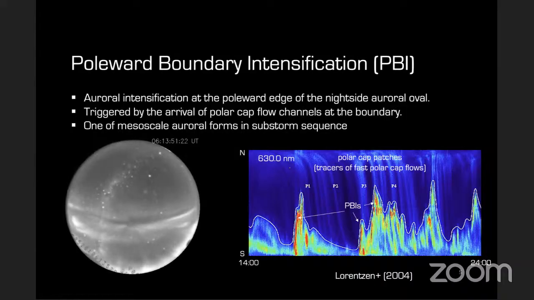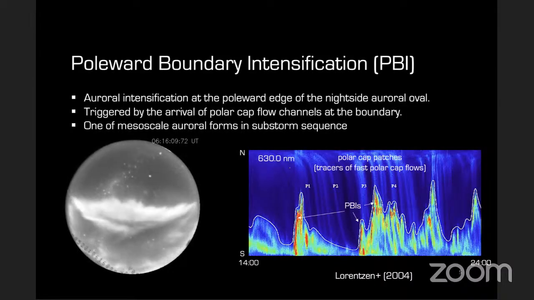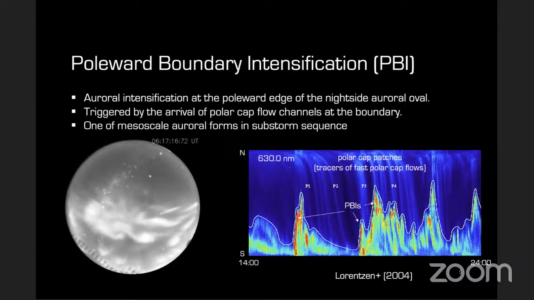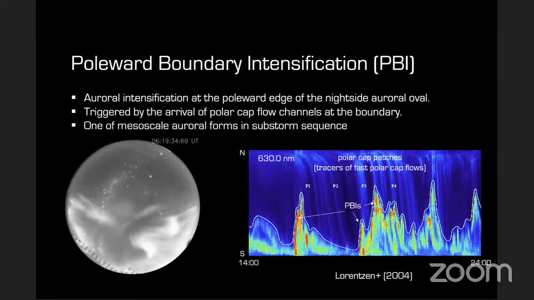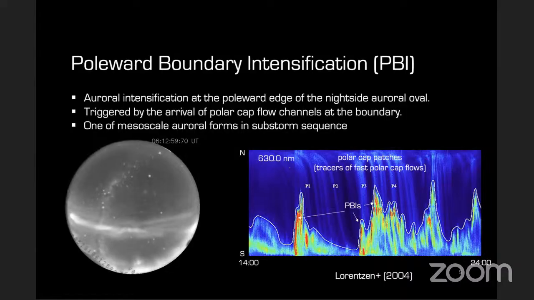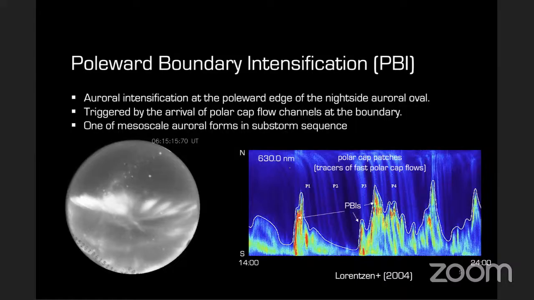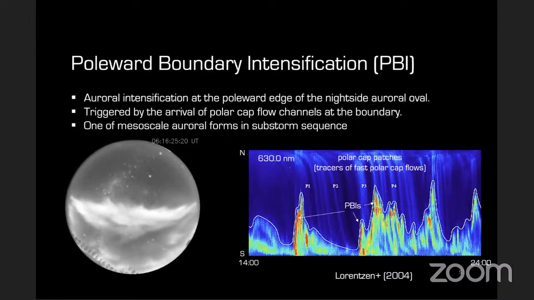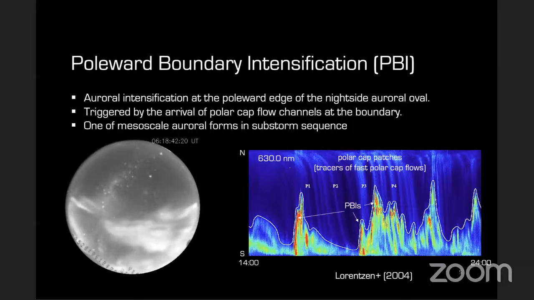What we can see is that most PBIs follow the arrival of a polar cap patch at the poleward boundary of the auroral oval. If we assume the polar cap patch is a tracer of a fast polar cap flow, this result suggests that PBIs correspond to the very initial process which happens in the plasma sheet in association with the enhancement of magnetospheric convection.